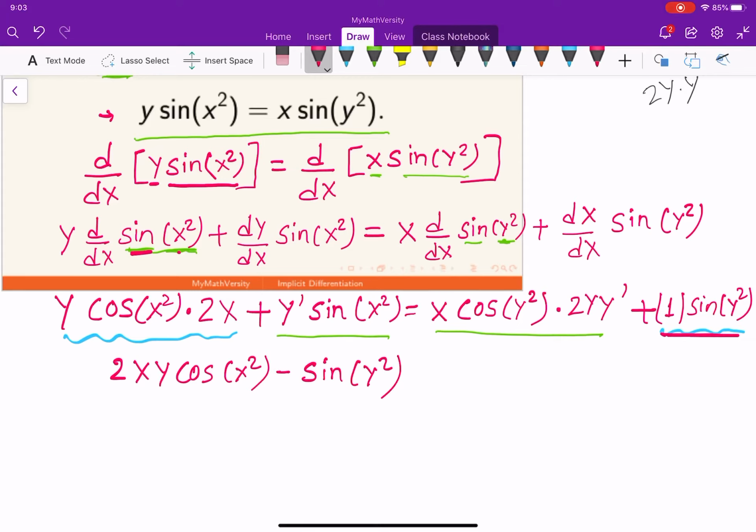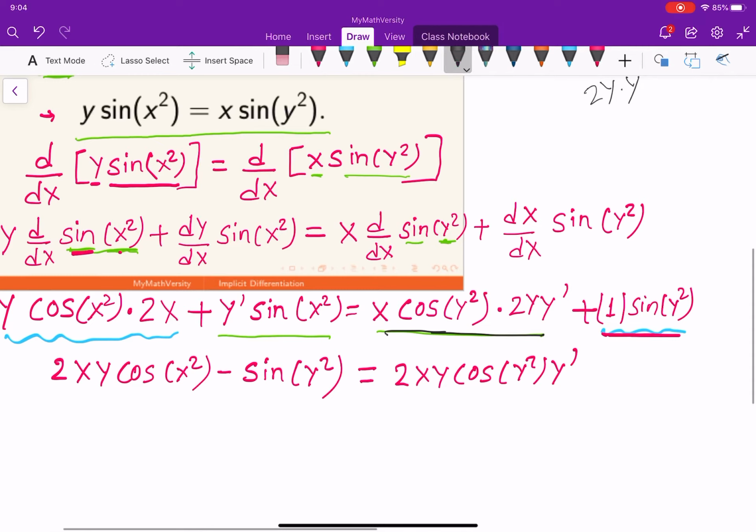So this is then equal to this term over here, which can be rearranged as 2 times x times y times cosine of y square times y prime, right? And then this term has the y prime. I'm going to move that to the right hand side. To do that, I need to subtract the same term, so minus y prime sine of x square, right? So that's what we have over here.